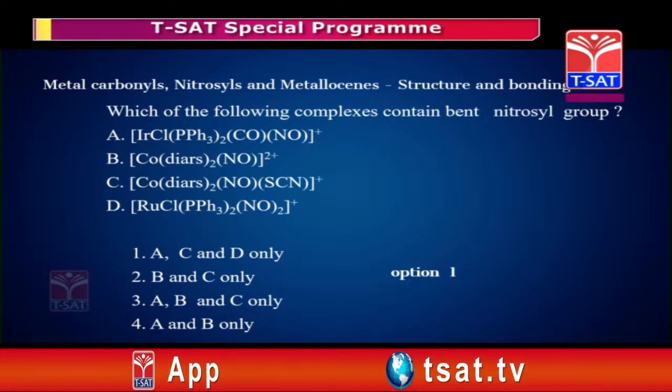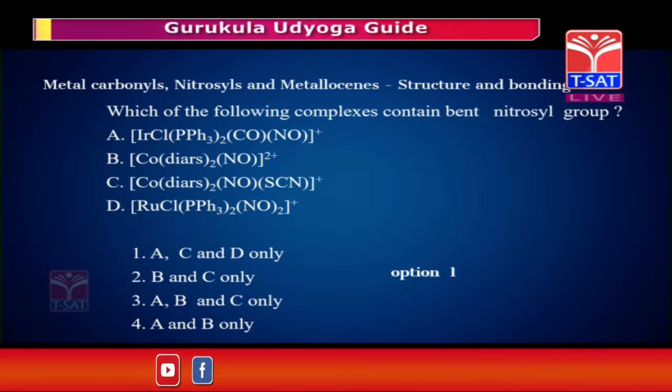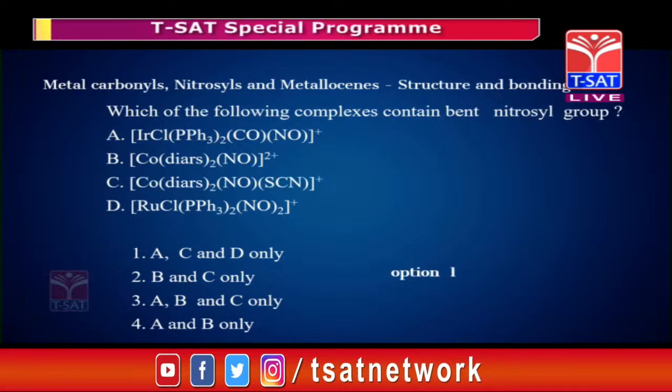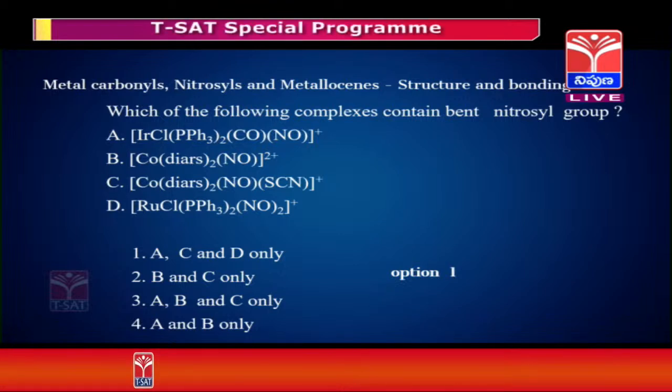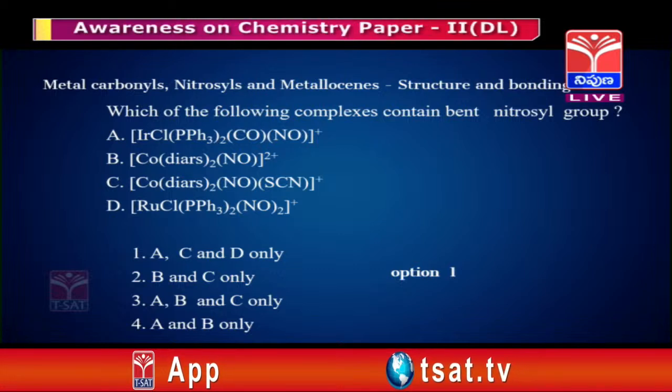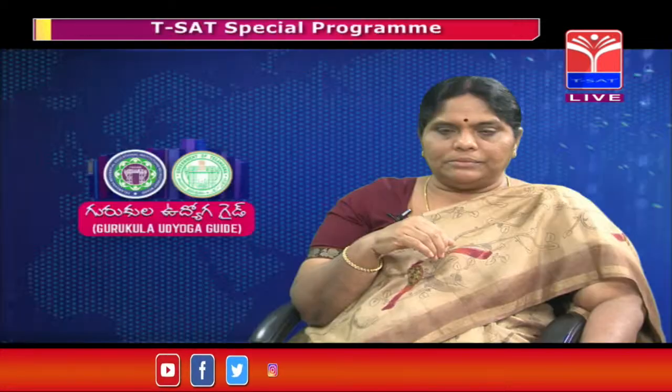If it is given bent nitrosyl only, then you have to look for the option having only bent nitrosyls. But here, contain bent nitrosyl means if it has any linear nitrosyl also, it comes under this option, right. So, option 1, that is A, C, D only. These 3 contain the bent nitrosyl groups. In option C, the nitrosyl is not bent, it is linear.